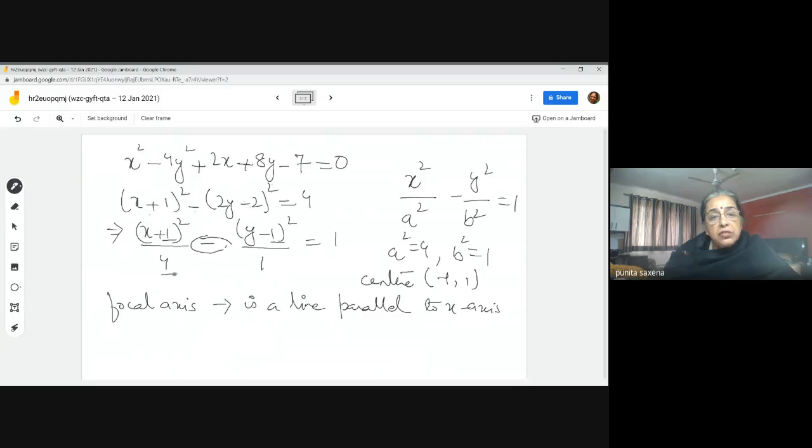Why? Because your a square is greater than b square. Similarly, the other axis, the conjugate axis, will be a line parallel to the y-axis. Is that okay? Yes, ma'am. This is how I'm going to write it, right?